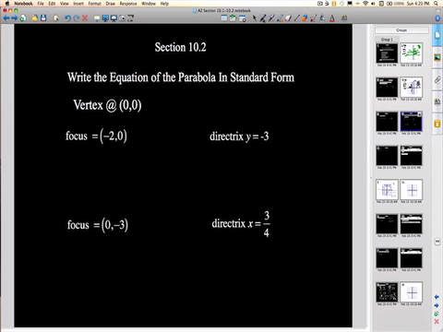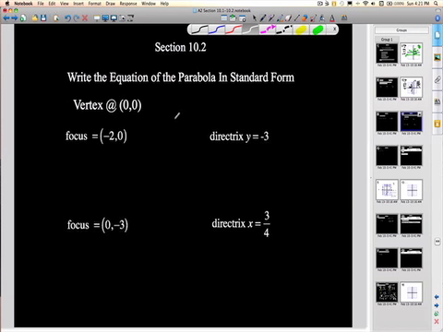If I want to write the equations of these graphs based on supplied information, standard form 0, 0, they could give me all sorts of different information. Okay? They could tell me where the focus is, they could tell me the directrix, and all of these will allow me to write the equation because the coordinates of the focus, or the equation for the directrix will allow me to find p, and that's what I need to find.